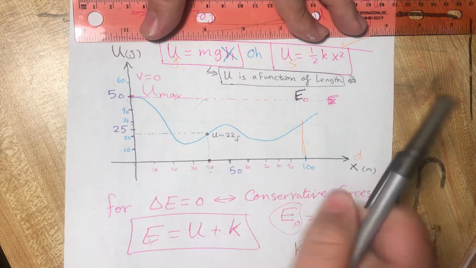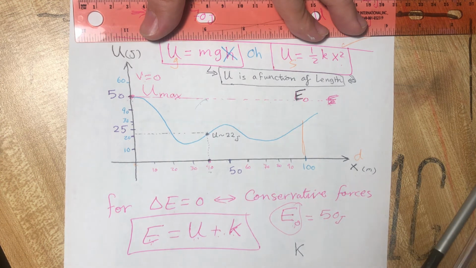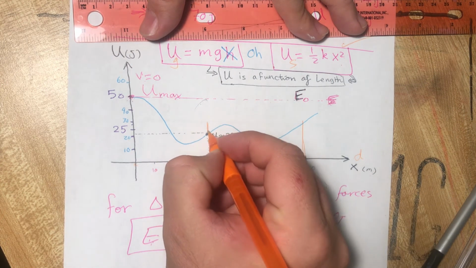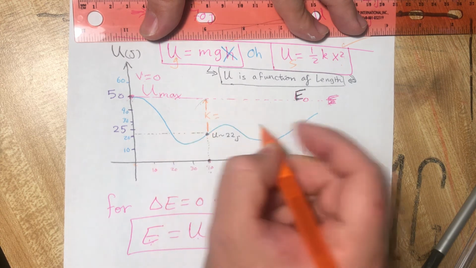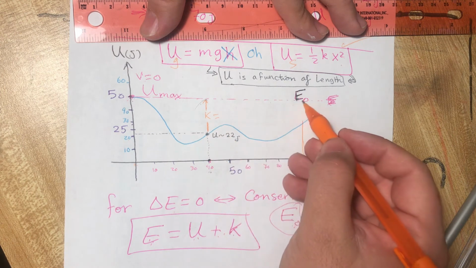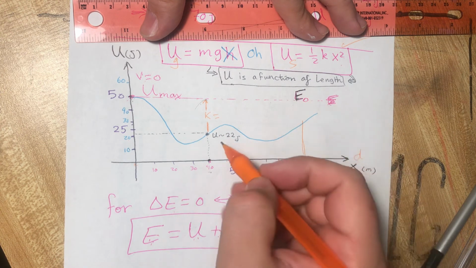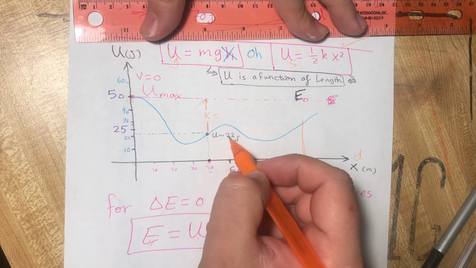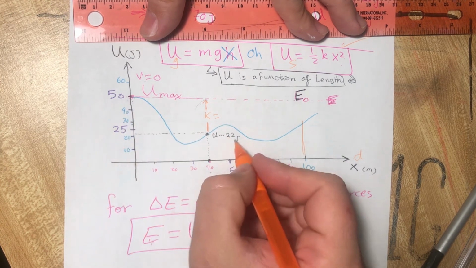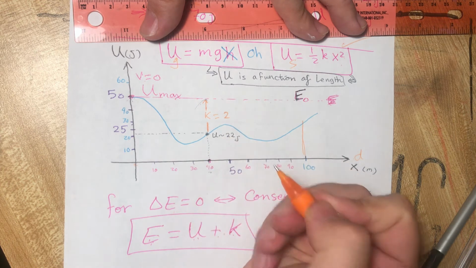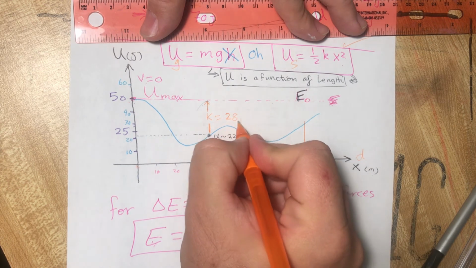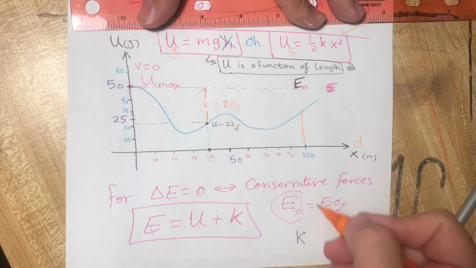How much is the kinetic energy? K is equal to the total mechanical energy minus 22, which is 50 minus 22, which will be 28 joules. From that I can find the velocity.